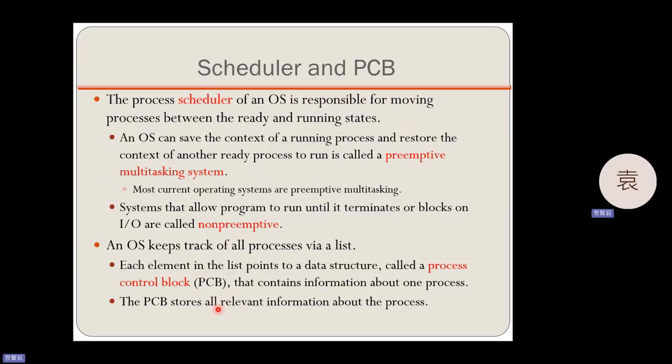You need to save that information, and then the process can be moved out of the running state. After that, when the scheduler selects a process from the ready state and assigns the CPU to it, the selected process's saved context needs to be restored.